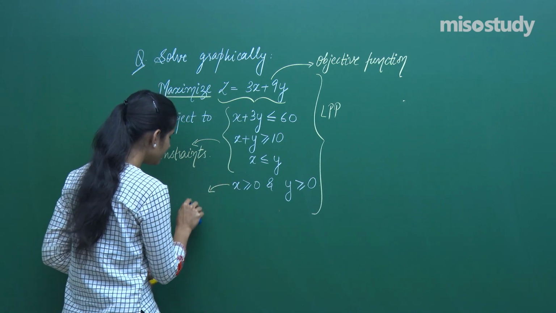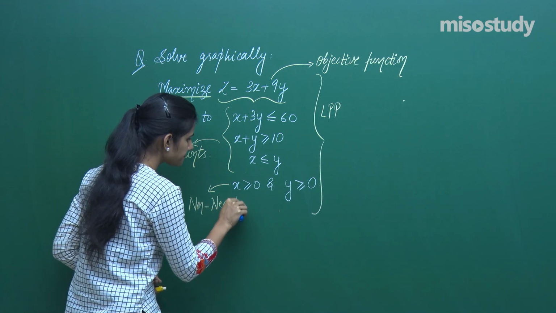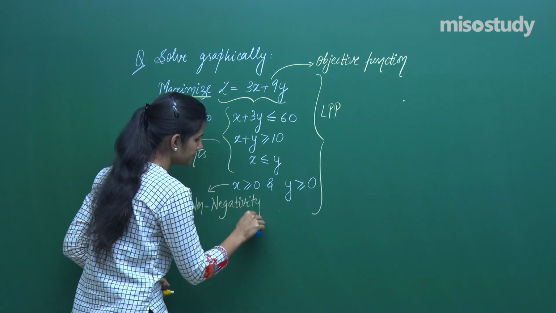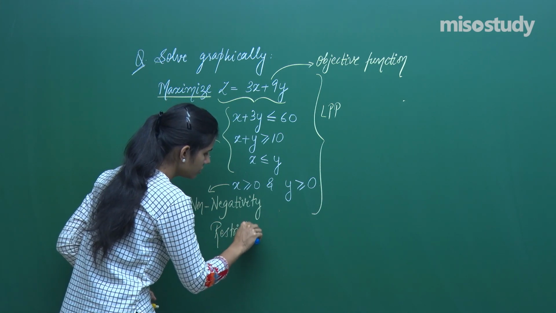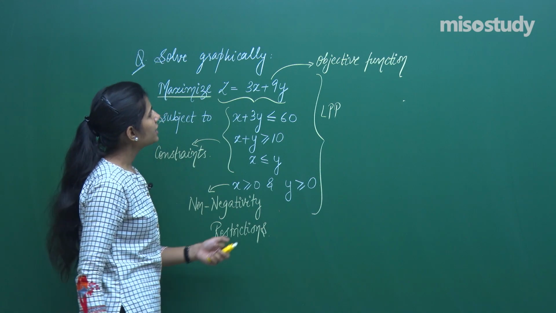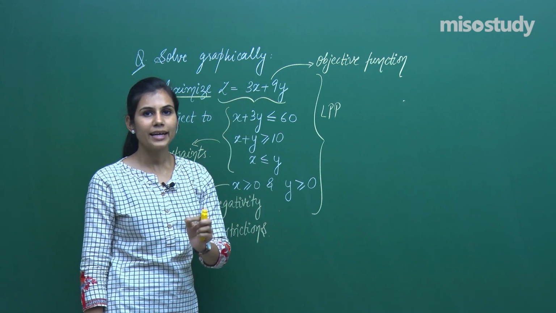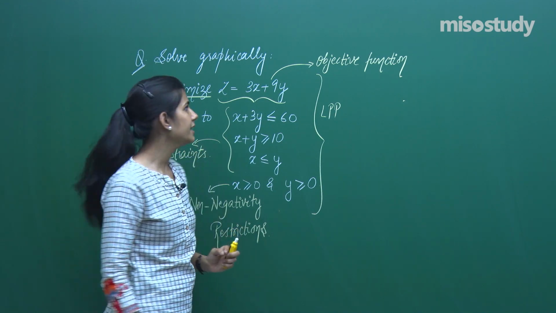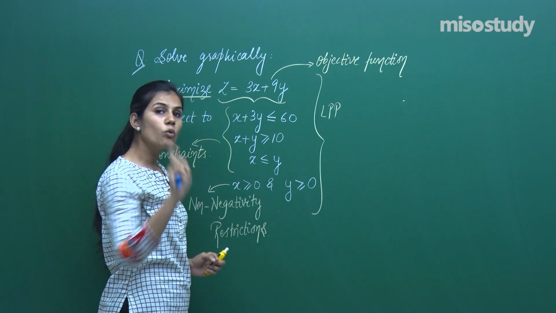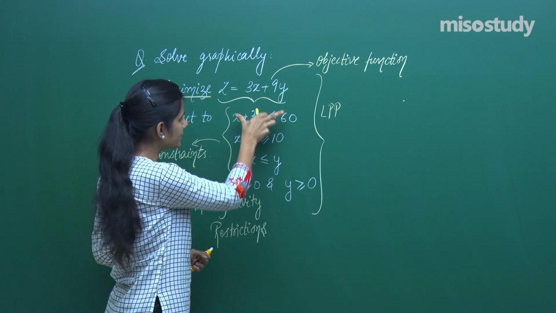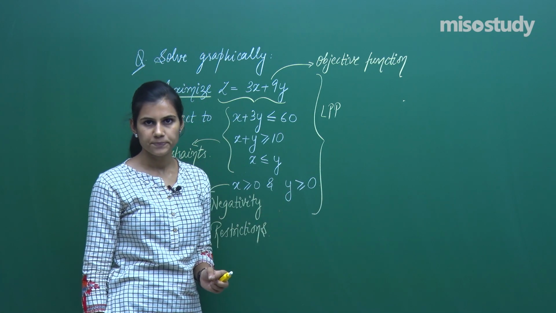Also keeping in mind these two more constraints, known as the non-negativity restrictions. When I am being asked to solve this LPP graphically, that means I am being asked to find that value of x and that value of y which, when I plug in over here, will give me the maximum value of z, provided that x and y satisfy all these constraints and are non-negative.